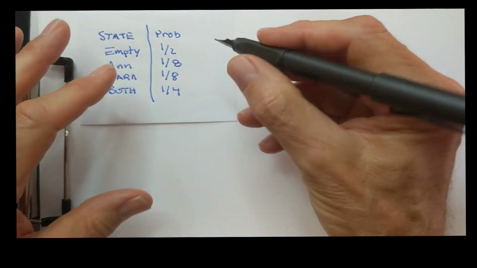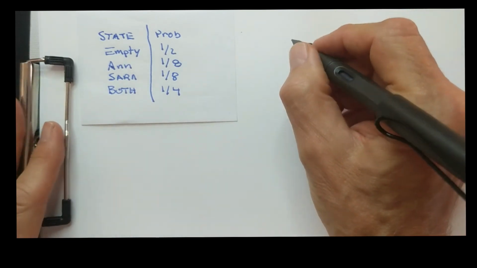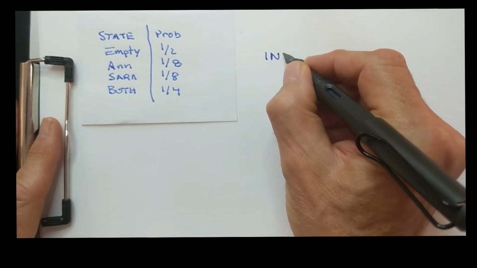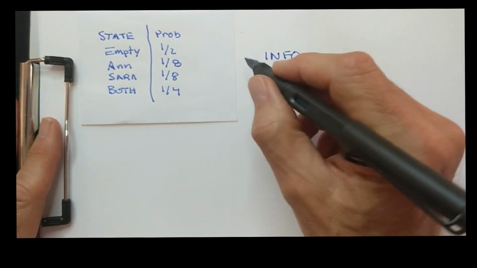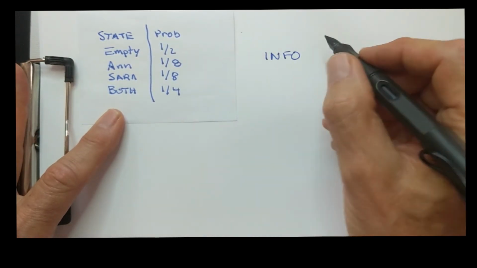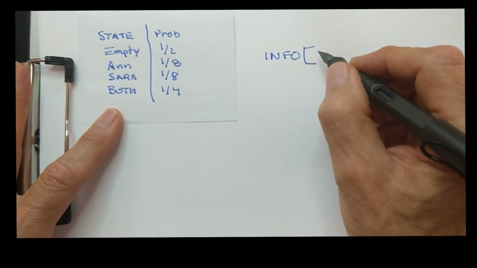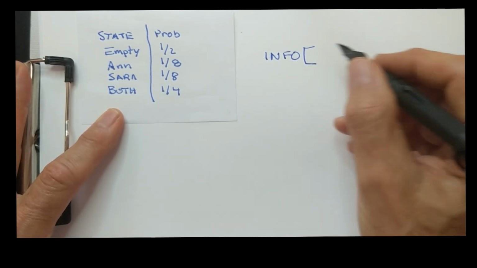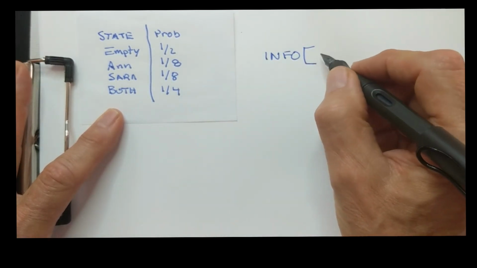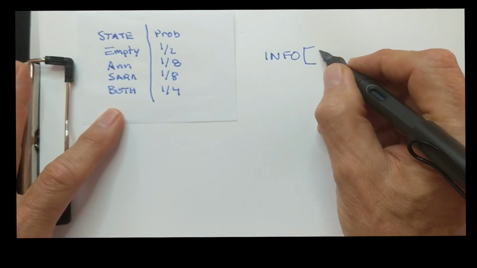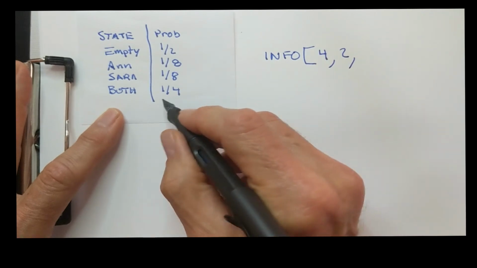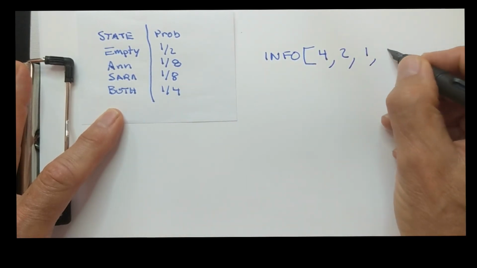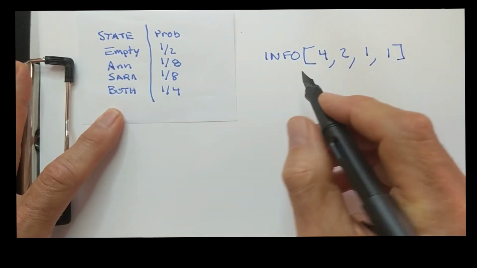Sometimes when decision trees are discussed, instead of talking about entropy directly, we have a measure called info, which is directly transferable to entropy. And it works like this. Looking at this problem again, it would be info, and then we give how many occurrences of each state there were. So let's say there were 4 occurrences of it being empty, 2 where both were present, and then 1 each.